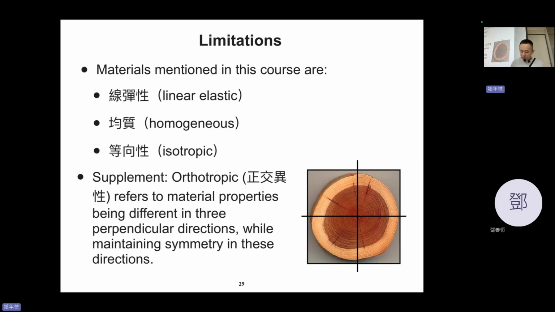Then another supplement, or extra information for you, is: what is orthotropic? Orthotropic means the material properties differ in three perpendicular directions. So definitely not isotropic, right? As you can see, this is a typical material that has orthotropic material behavior.